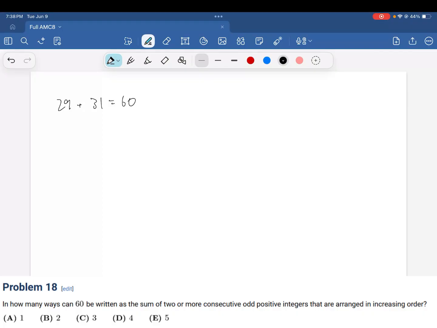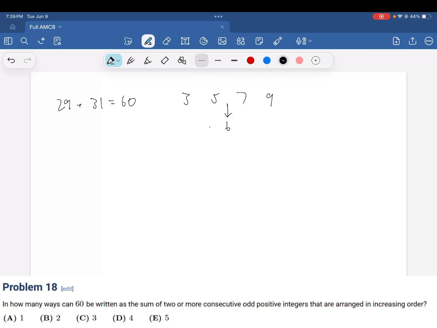But let's rigorously prove or find every sequence that works. So let's say in a sequence of odd integers, let's say 3, 5, 7, 9, the sum of these is actually the middle number right here. This is 6.